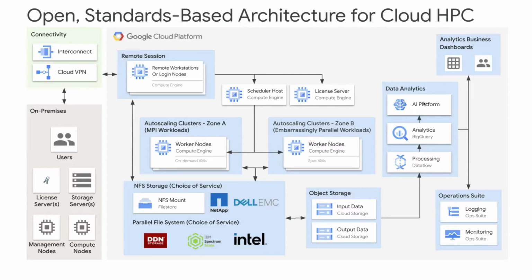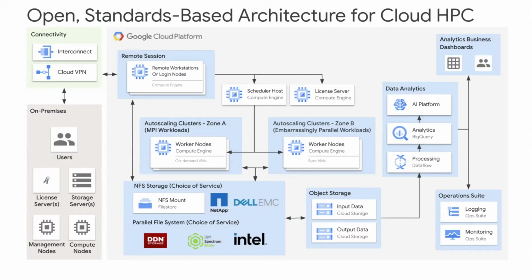The bulk of your compute infrastructure will be those computing clusters, and they may be spot VMs or on-demand VMs, and they typically auto-scale. Most of the time, those compute nodes access some sort of storage depending on their needs. It will be either NFS storage or parallel file systems, which in turn communicate to object store, and so on.